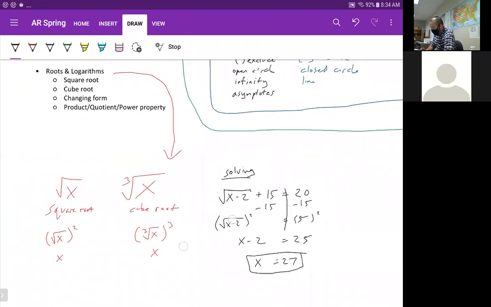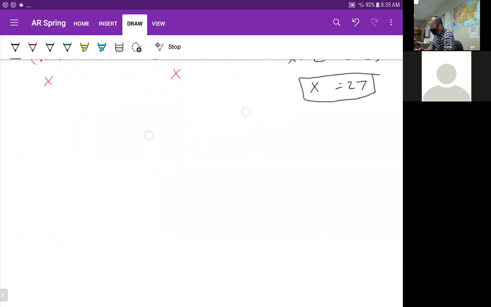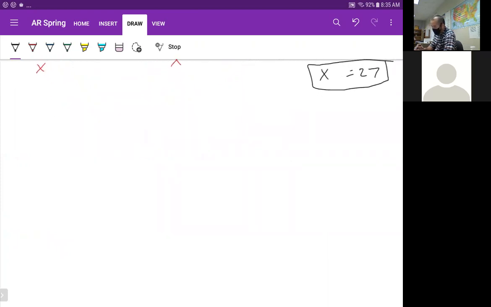What else? Changing form of logarithms. Okay, so there's a formula.